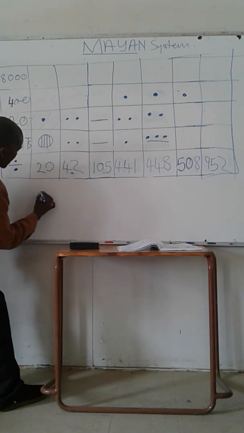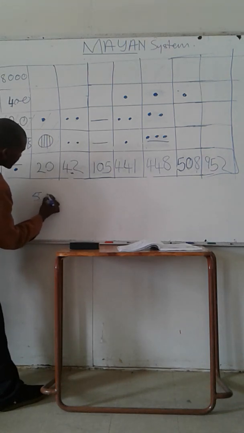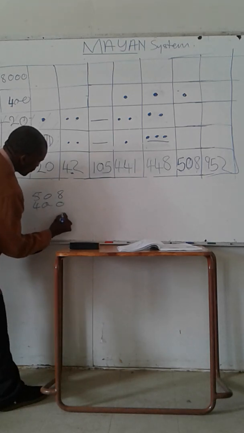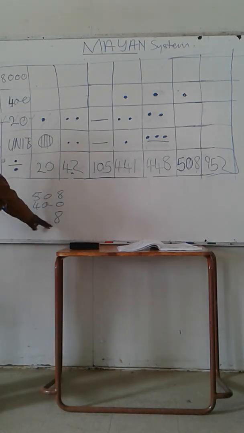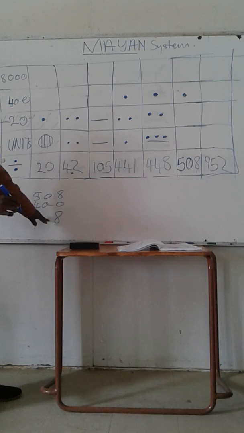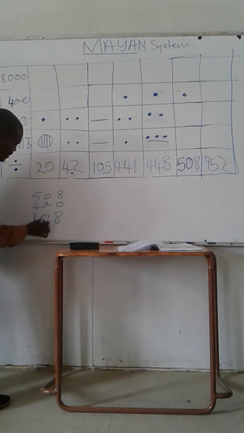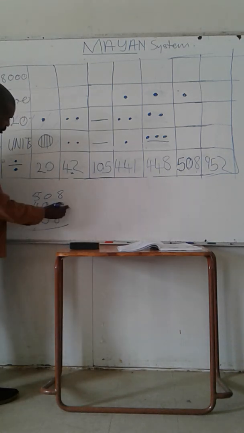But remember, if you say now 508 subtract 400, you get only 8 units. You see there? You get only 8 units. Now, you get 8 units plus that. That is, you get 108.